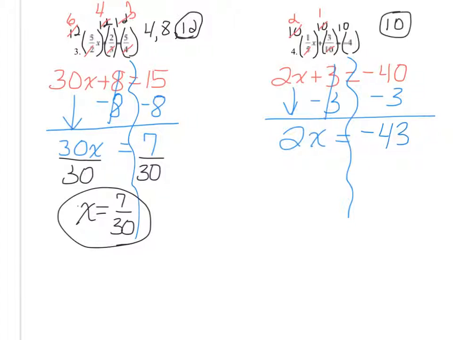Last, we're going to do the opposite of timesing by 2 because of opposite sides of the river. So we're going to divide by 2, divide by 2. X equals -43/2.